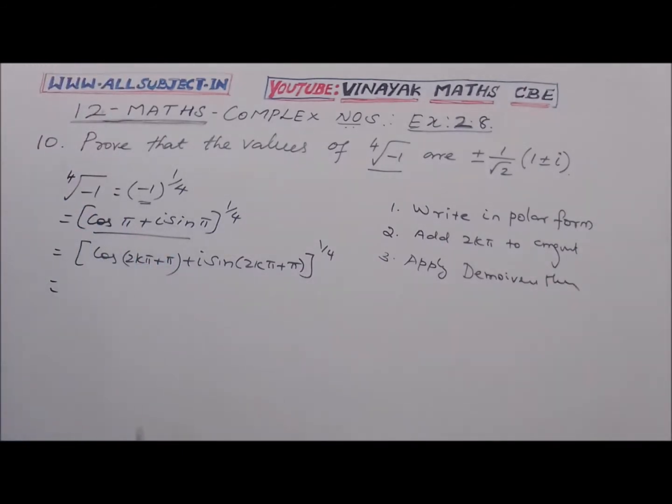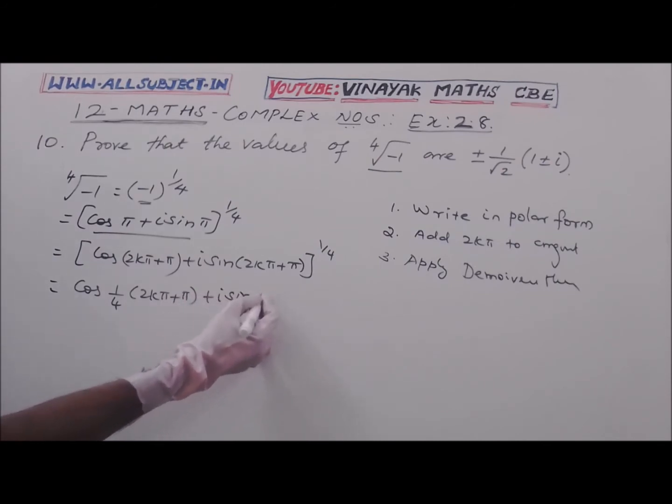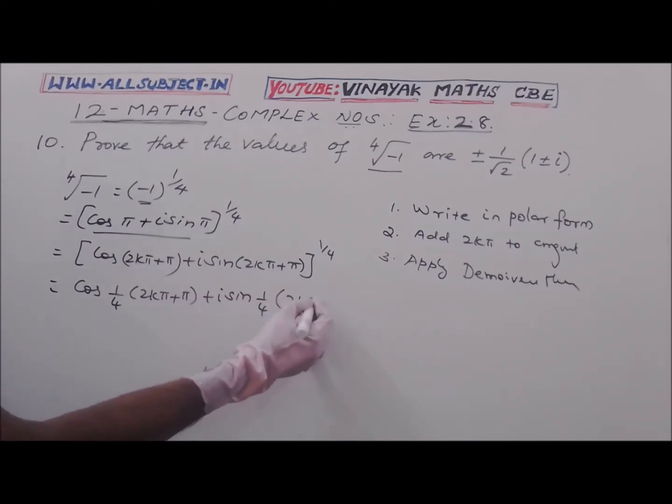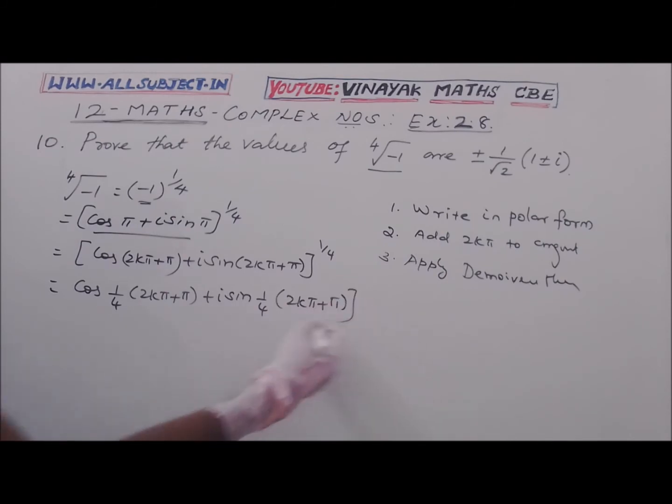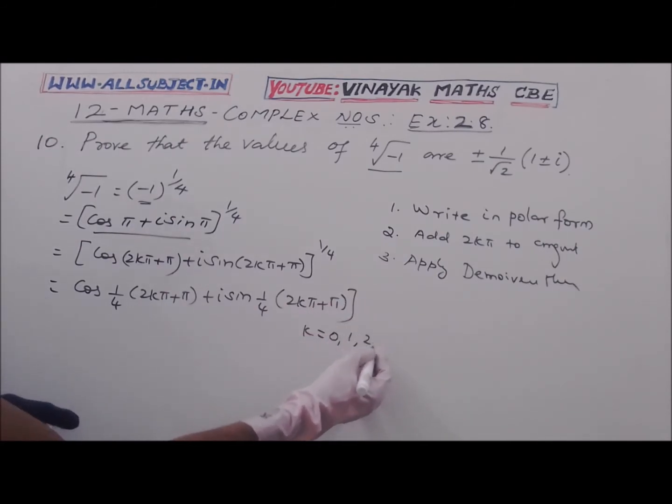By De Moivre's theorem, we can bring the power in and multiply the power with the argument. So cos of 1 by 4 into 2k pi plus pi plus i into sin of 1 by 4 into 2k pi plus pi, where k varies from 0, 1, 2, 3.